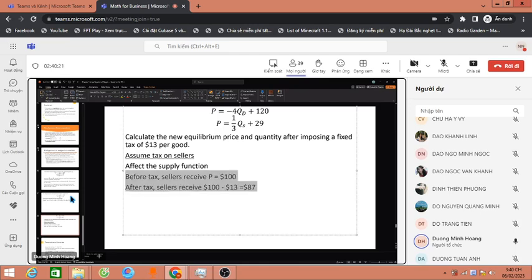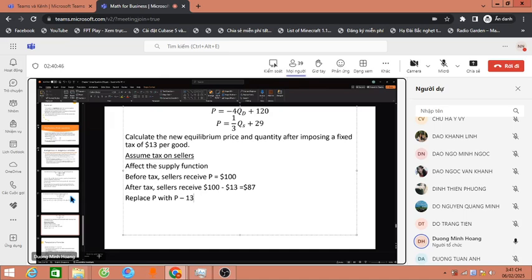Okay, so this is a very specific example. To generalize, before tax, I sell stuff and receive P. After tax, I sell the same stuff and only receive P minus 13.